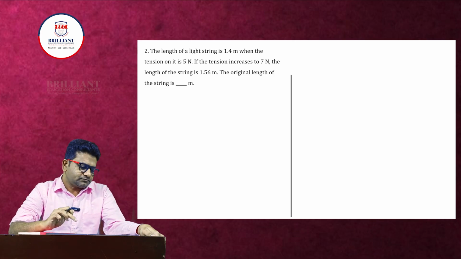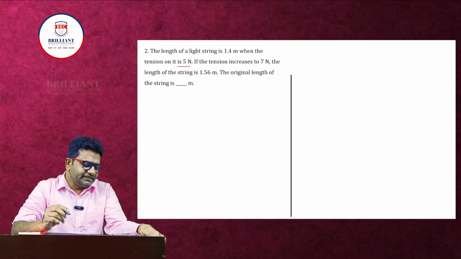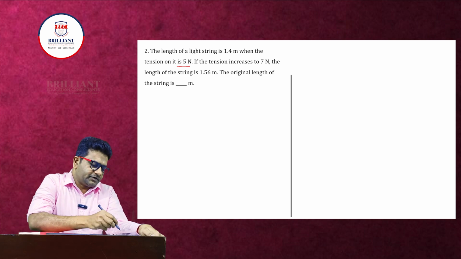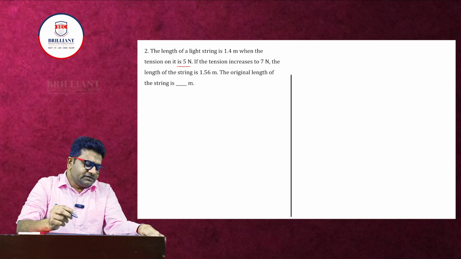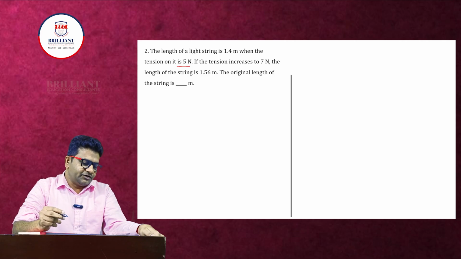Next question. The length of a light string is 1.4 meter when the tension on it is 5 Newton. If the tension increases to 7 Newton, the length of the string is 1.56 meter. The original length of the string is the question.